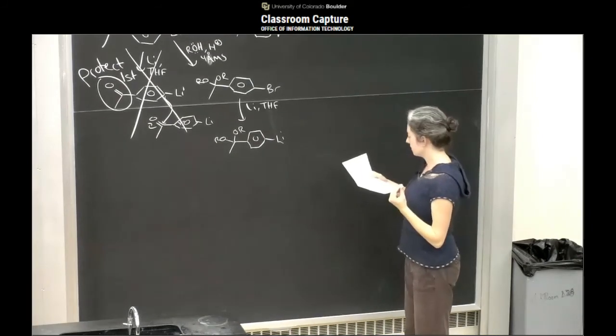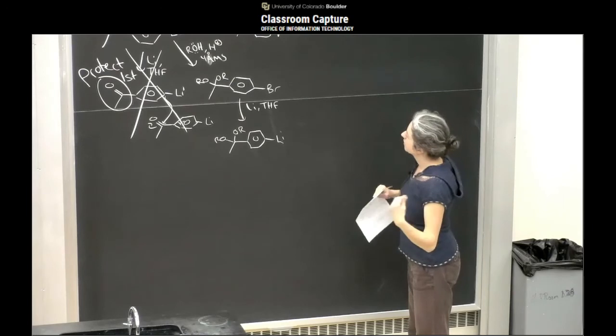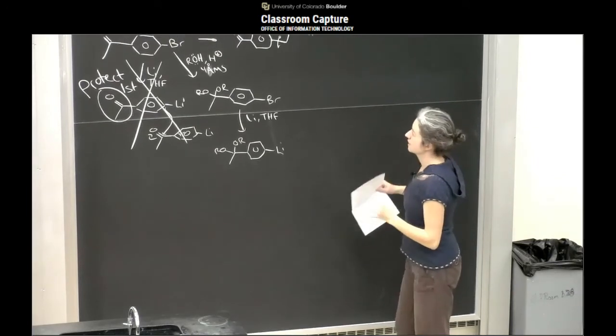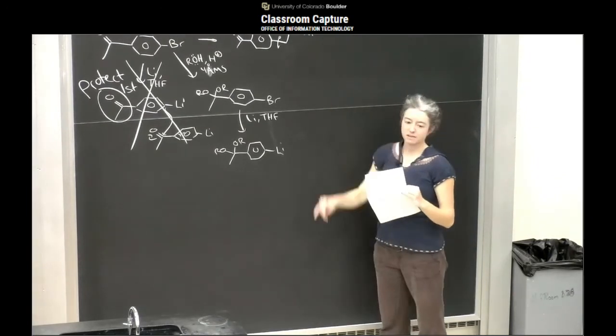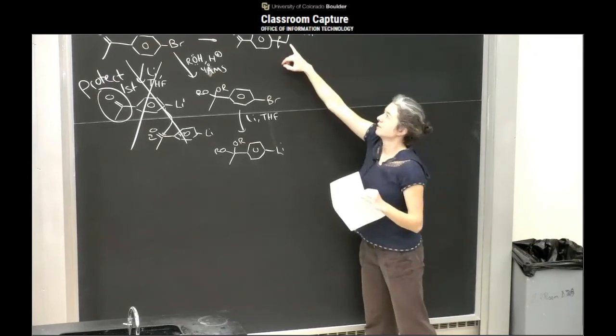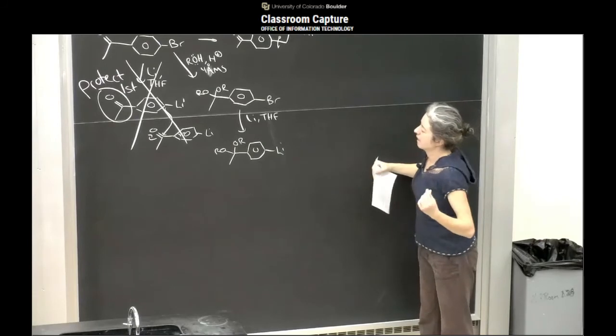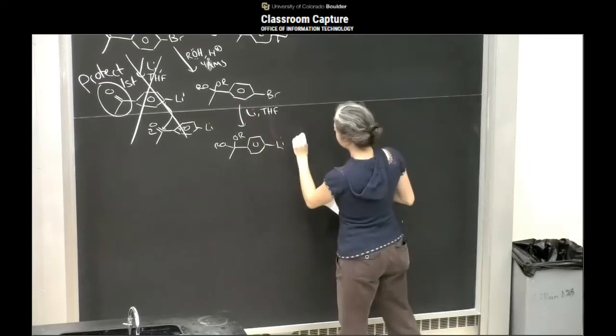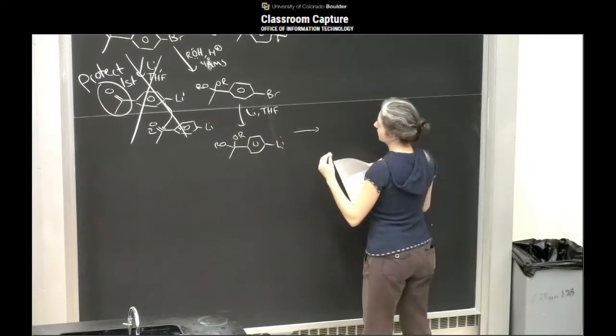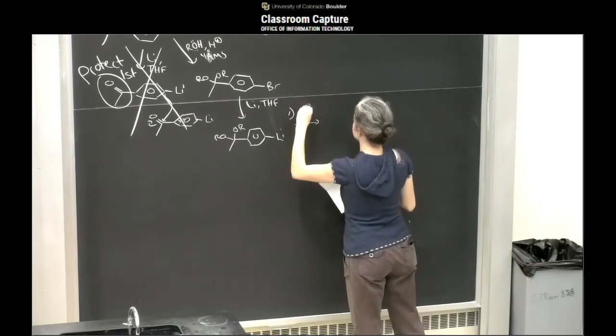If we want, we can do the step where we turn it into a cuprate. Is that going to be necessary for this particular synthesis? Right, yeah, you're doing this on the simplest possible epoxide. You can actually get away with not bothering to make the cuprate. So let's just go straight in for the epoxide at this point.